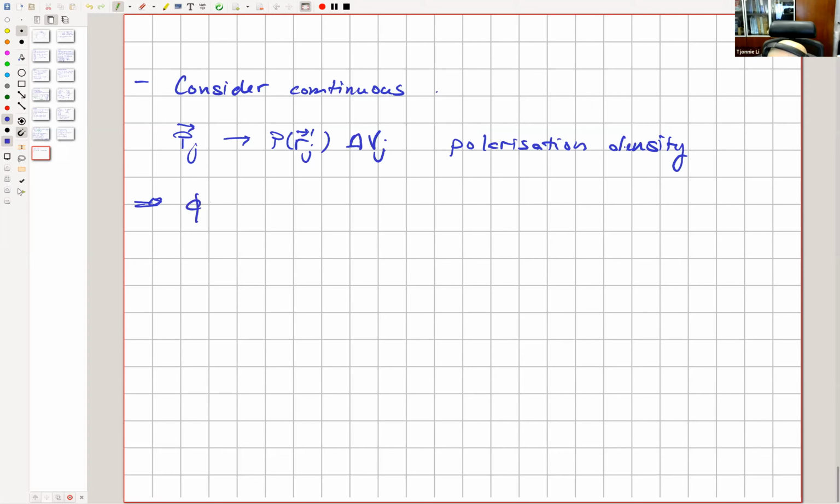So let me just write it out. V of r is just ke, and then I've got the sum of (r minus r_j) divided by |r minus r_j'| cubed, times P(r'_j) delta Vj. Yes, the density is a vector, that's correct.